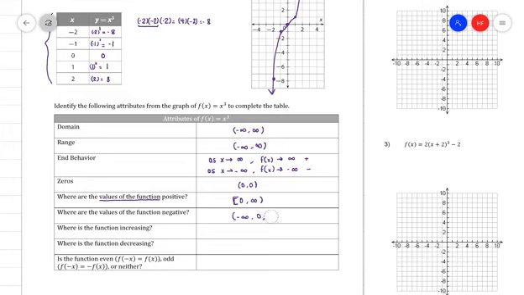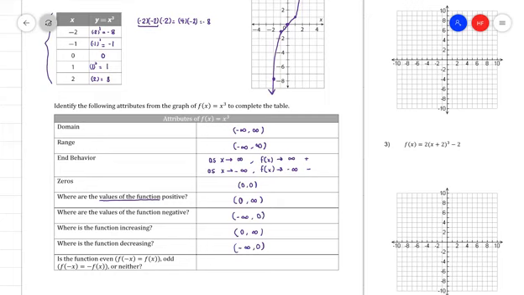Actually, we're going to make that a parenthesis on the 0 because 0 is neither positive nor negative. Where is the function increasing? So the function is increasing wherever the y values are increasing. So that is the same as where is the function positive in this case. So from 0 to infinity, and it is decreasing from negative infinity all the way up to 0.